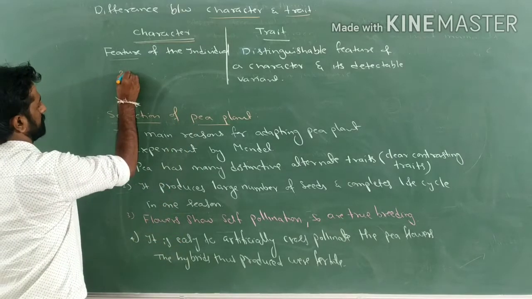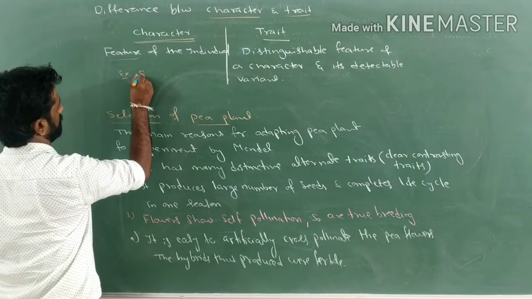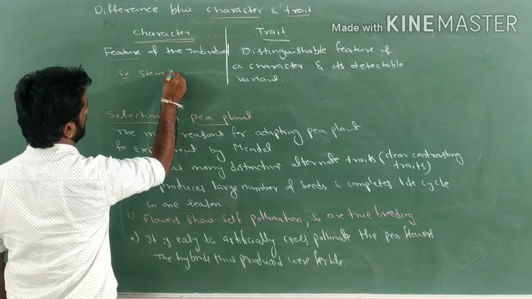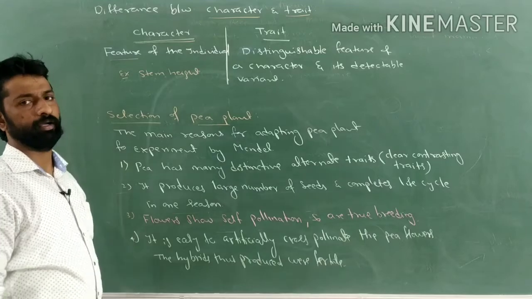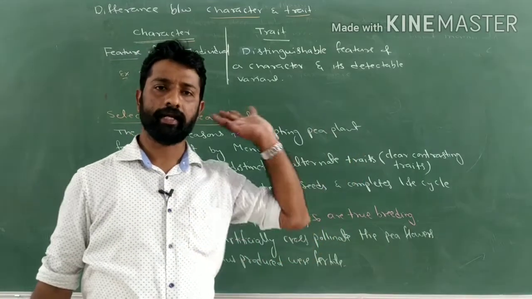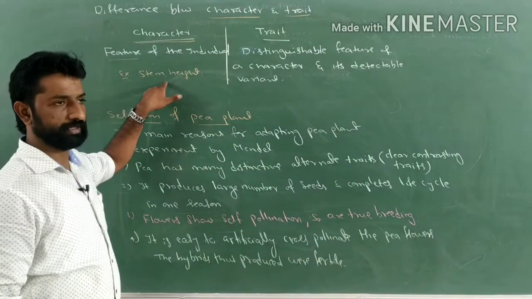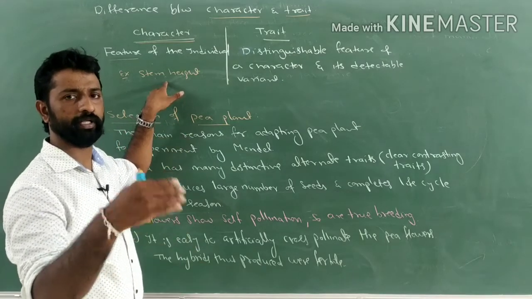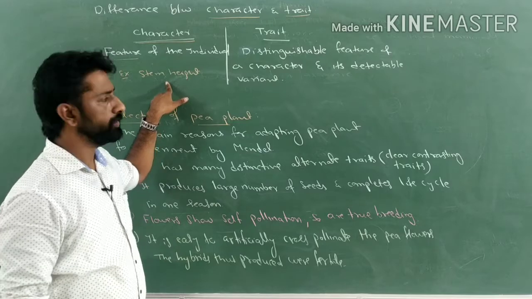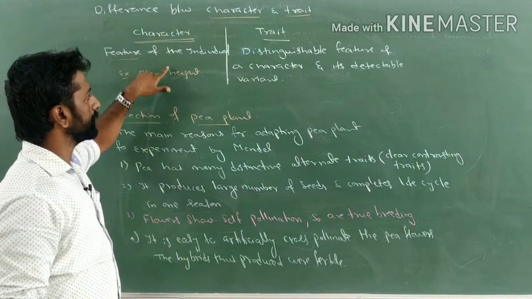For example, if I take the stem height of a plant as a character, the height of the stem is an identifiable or observable feature of that individual plant. So stem height is a character of that plant.